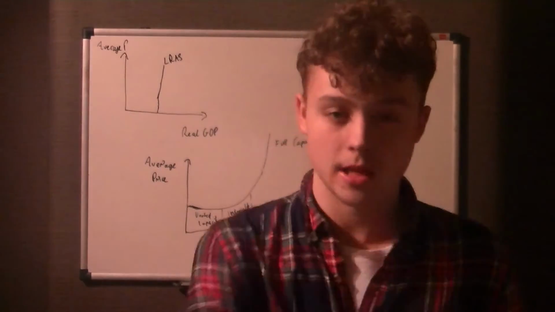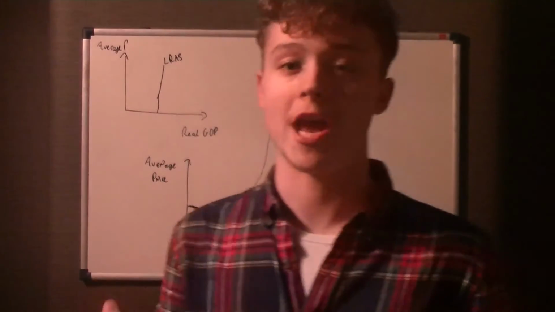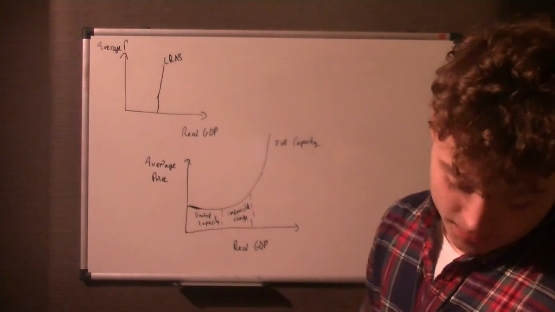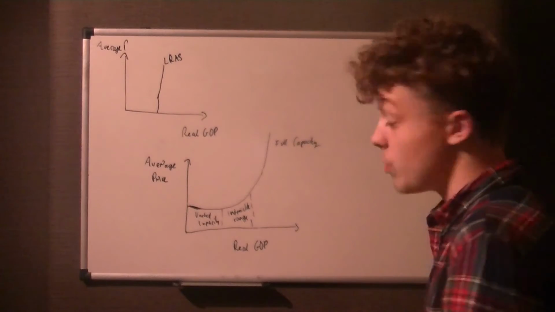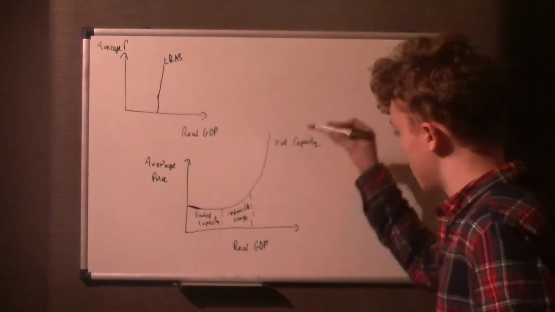Full capacity, full employment means everyone who wants a job is given a job at a given wage rate. So we physically can't get any more out of our economy, and that's why it appears to be up there.